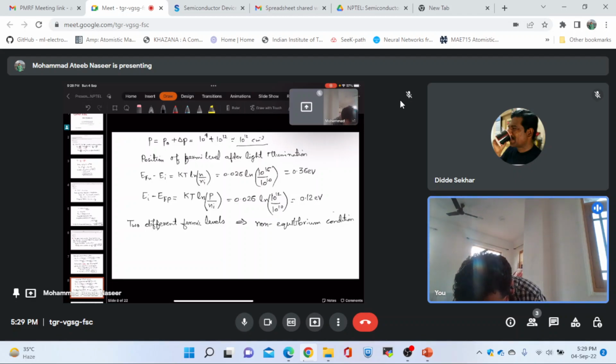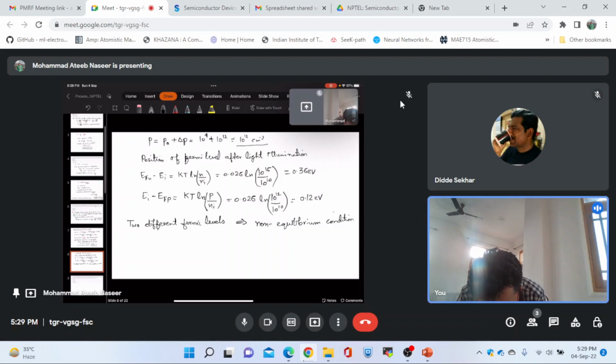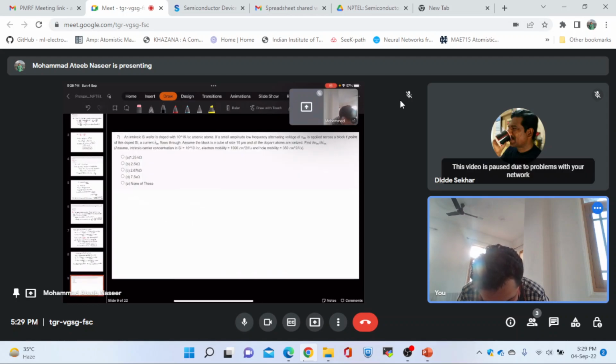So if we now move towards our seventh problem, it states that we are having some silicon wafer which is doped with donor arsenic atoms with the concentration of 10 to the power 16 per centimeter cube, and we have applied some small signal across this silicon wafer.